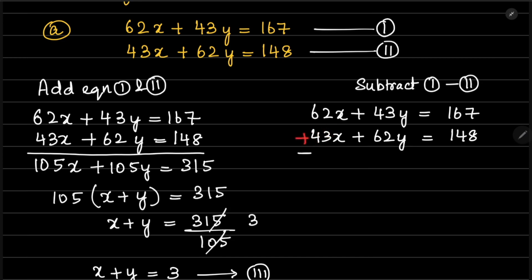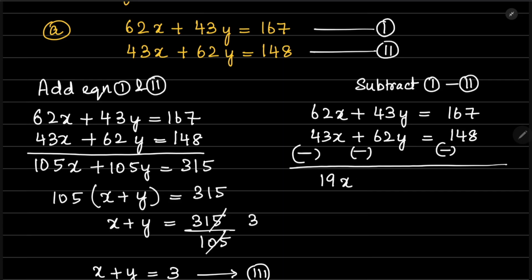Here you have a plus 43x, you have to change it: plus will become negative, negative will become positive. So here again it's negative, here also it's negative. Okay, so what is 62 minus 43? 62 minus 43 is 19.